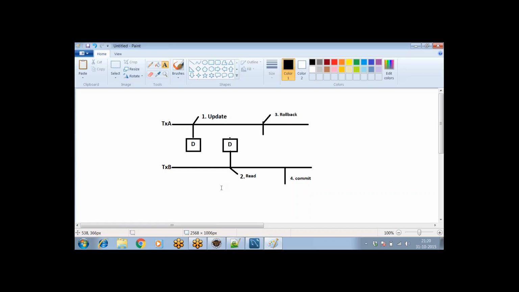But at the end, transaction A rolled back and did not retain the data. That means transaction B has read data which is inconsistent, which is inappropriate.